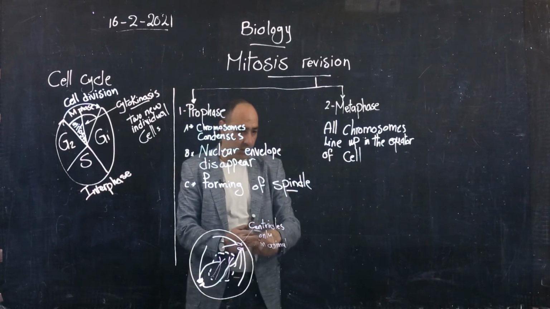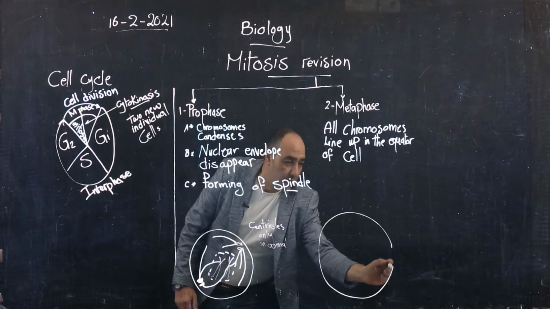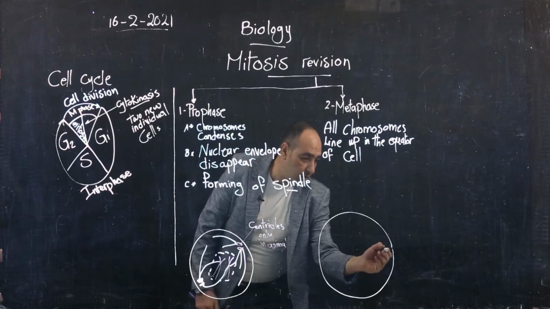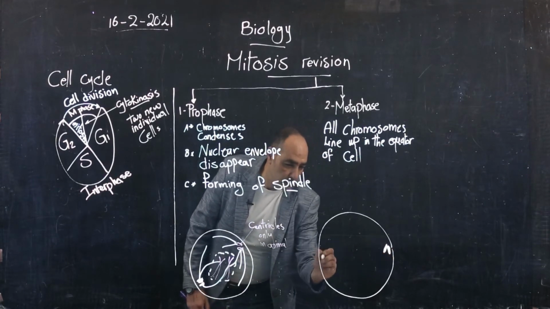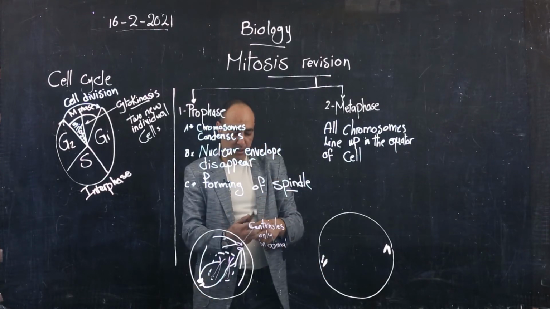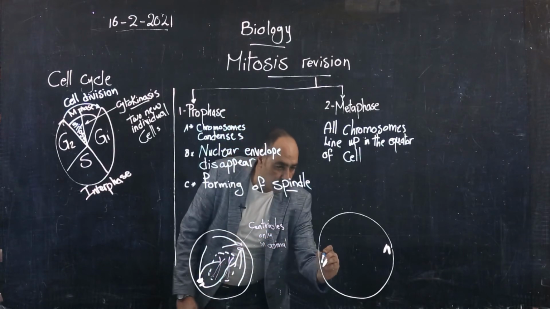So our cell here, this is how it will appear in the metaphase. You have the centrioles at the two opposite poles of the cell, and they produce the spindle fibers.